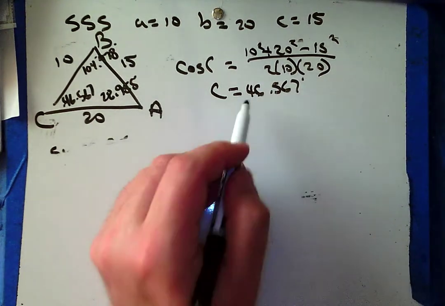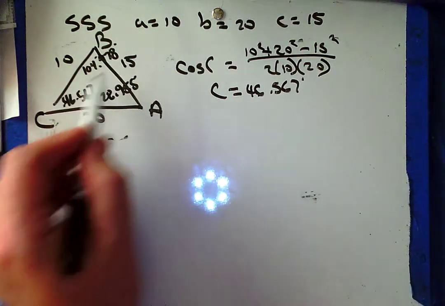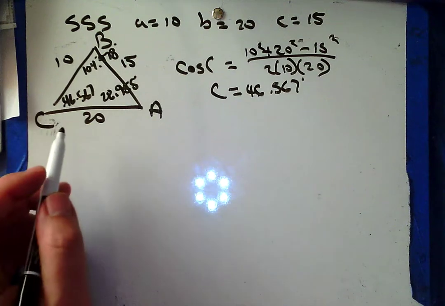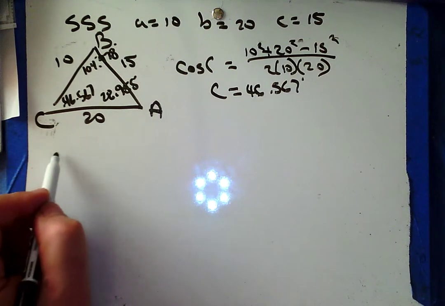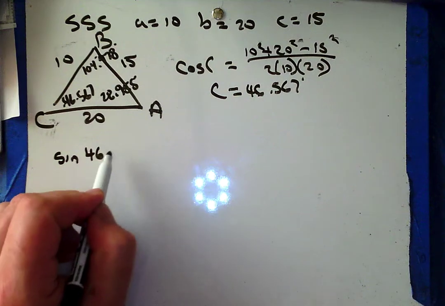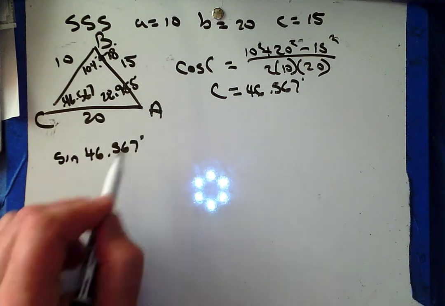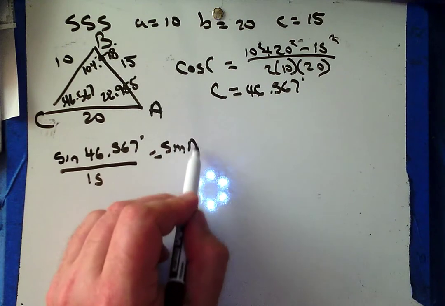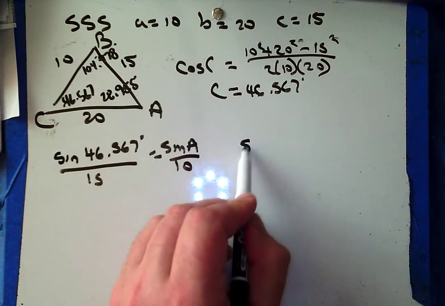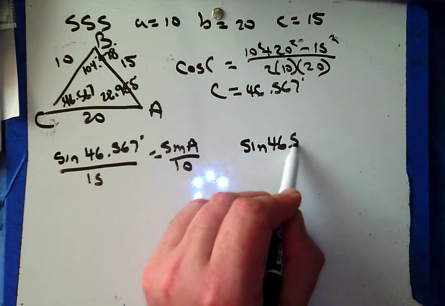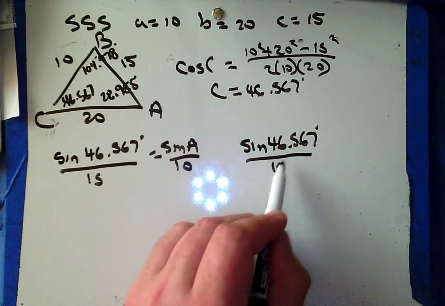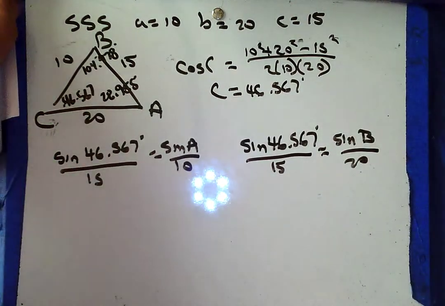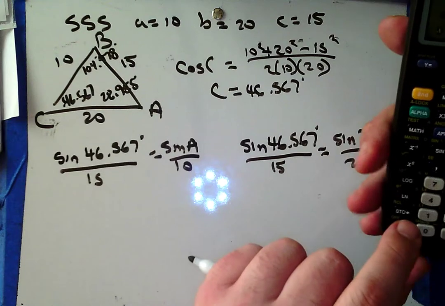What if we switch now, because now we have this opposite side angle pair, and use law of sines? Okay, so that would be sine of 46.567 degrees over 15 equals the sine of A over 10, or the sine of 46.567 degrees over 15 equals the sine of B over 20. Let's see if either or both of these work.